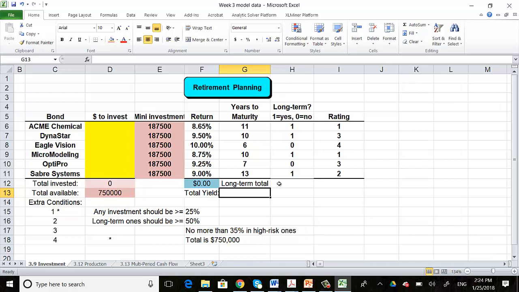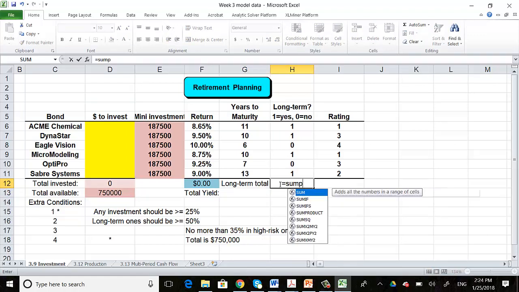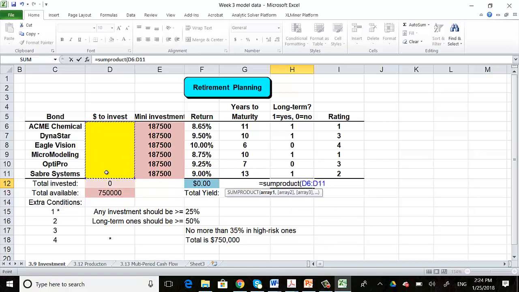Long term total is the sum product of my decision variables and those 1, 0 coefficients. So I'm trying to calculate the left-hand side of that constraint, only including the long-term ones.